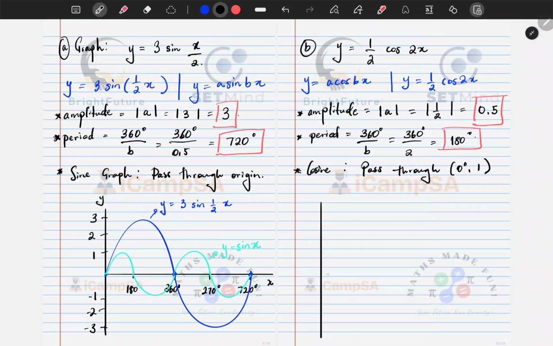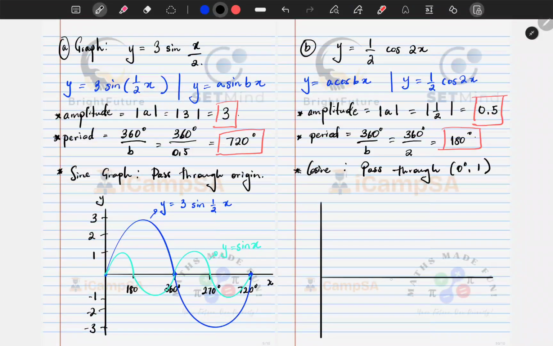Okay, and then this will be my graph, right? So now remember, it takes me how long now? It takes me 180 to complete one cycle, right? It takes me 180 to complete one cycle.